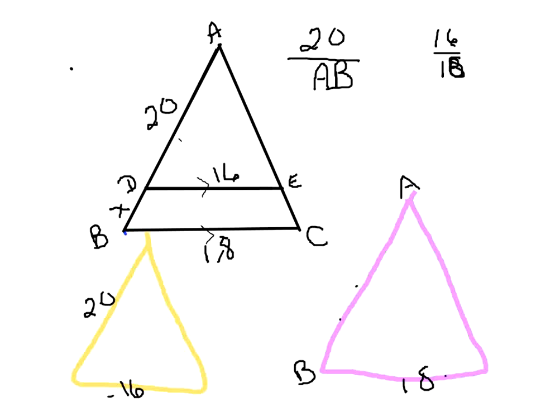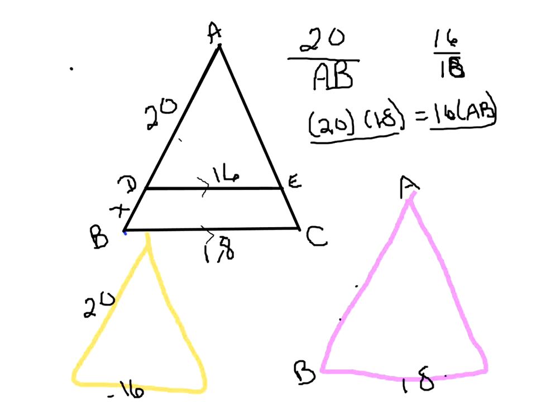So now I get 20 times 18, which is 360, is equal to 16 times AB. You know the routine, we divide by that 16. I like to get everything canceled out and put it all in my calculator in one nice swoop, so I can just put in 20 times the 18 divided by the 16. Some of you guys have this pattern down, those of you that participate every day in class.